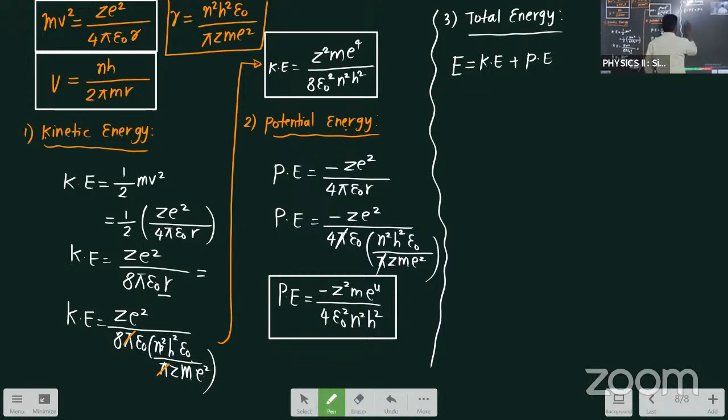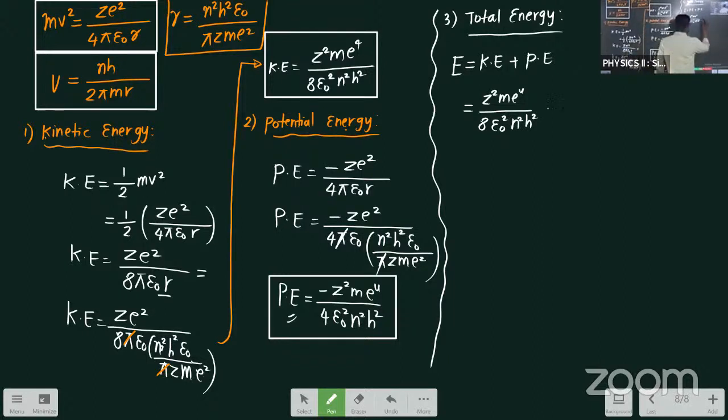What is the expression for kinetic energy we got? Z square m e power 4 divided by 8 epsilon naught square n square h square. And what is the expression for potential energy we got?